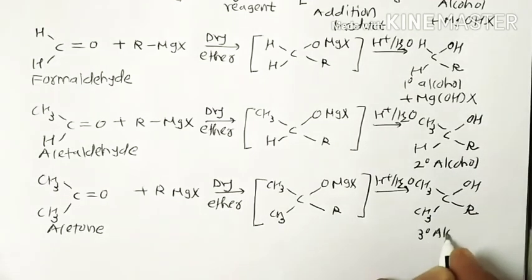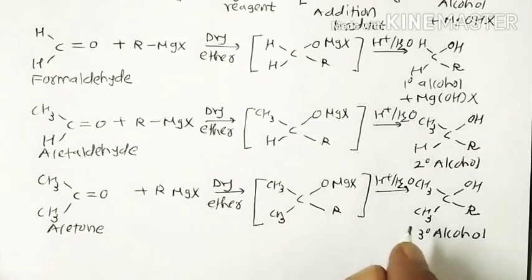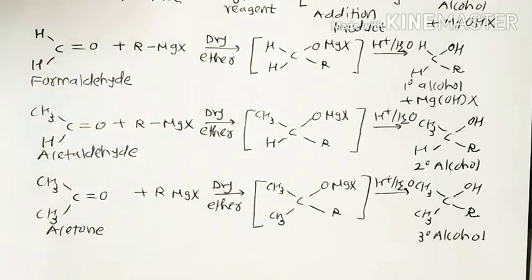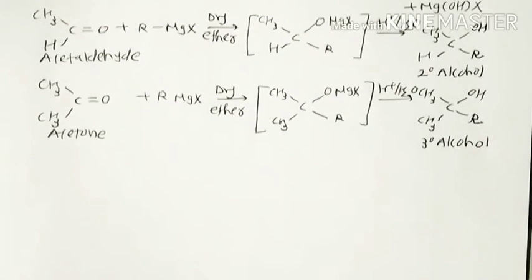So in these reactions, the alkyl or aryl group of the Grignard reagent is transferred to the carbonyl carbon, which we already studied in our prior portion too.